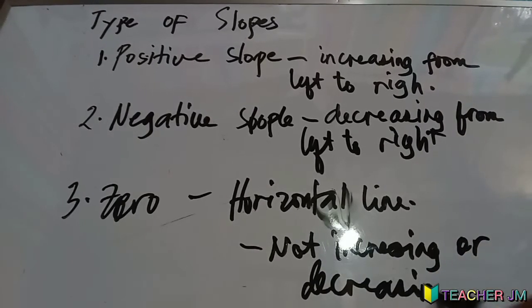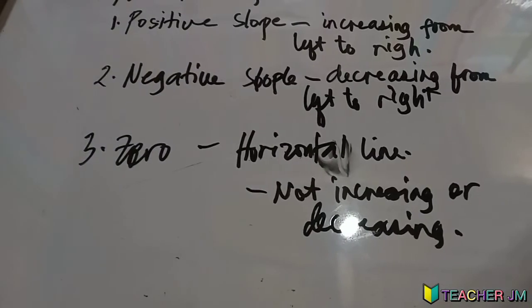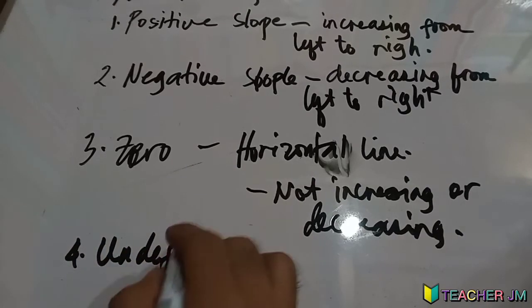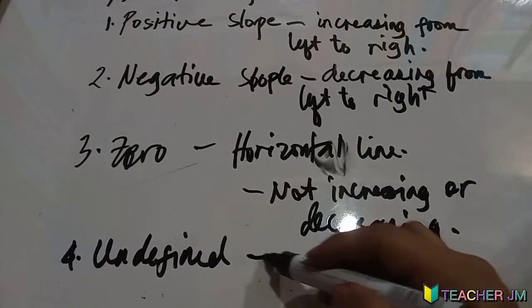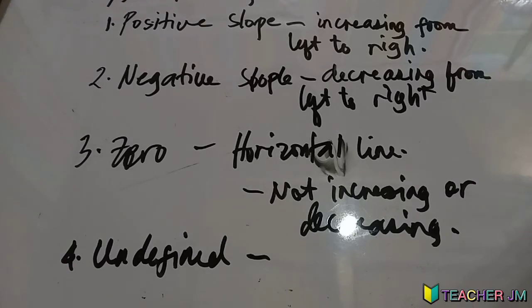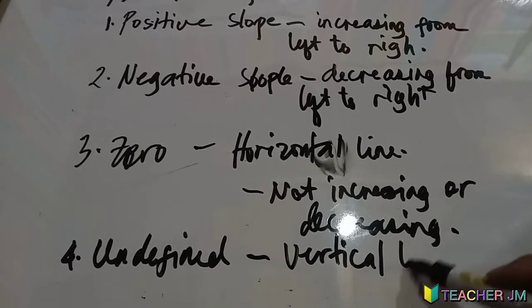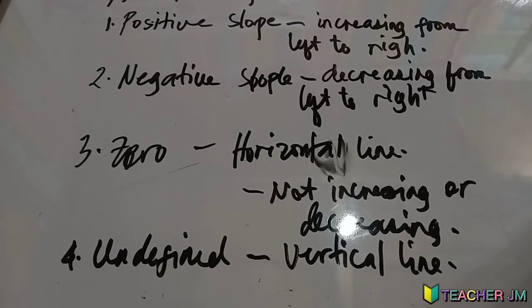Nakuha. And the last one is mayroon tayong tinatawag na undefined. Ano nga ba yung undefined? Undefined, ibig sabihin yung unknown. Yung hindi mo makuha ang answer. Yun ang tinatawag na undefined. Ito ay mga vertical line. Hindi siya makuha natin sa left and right.